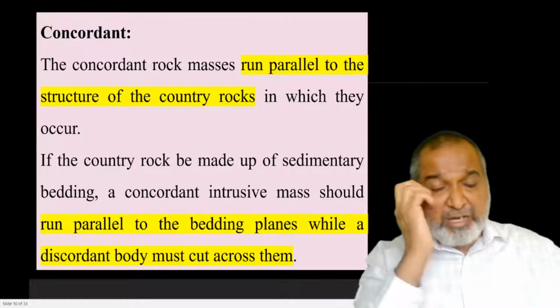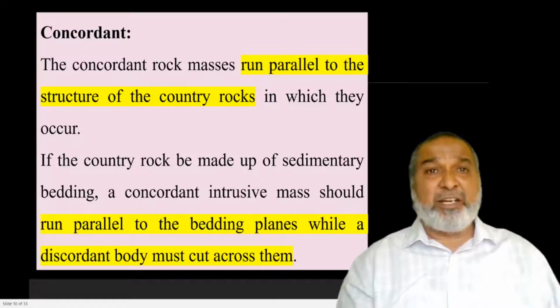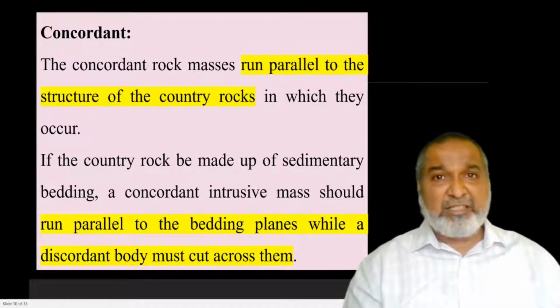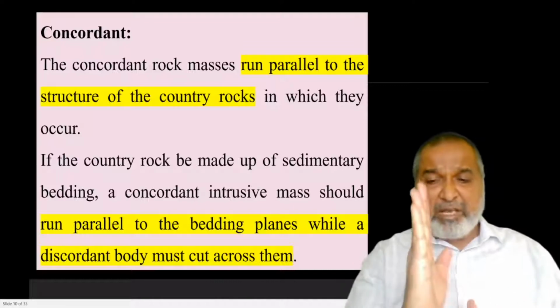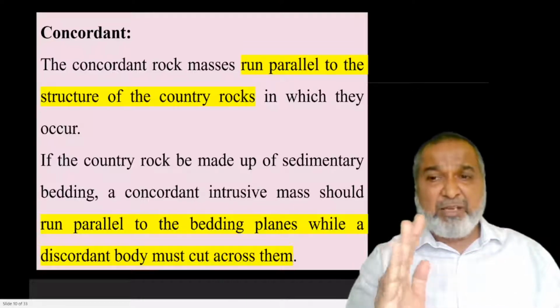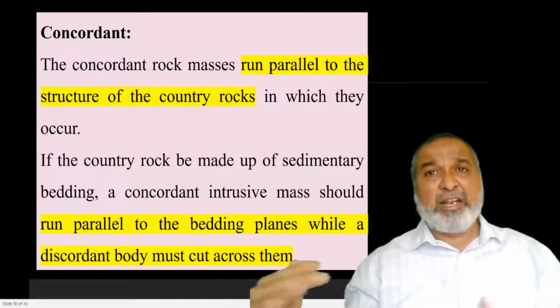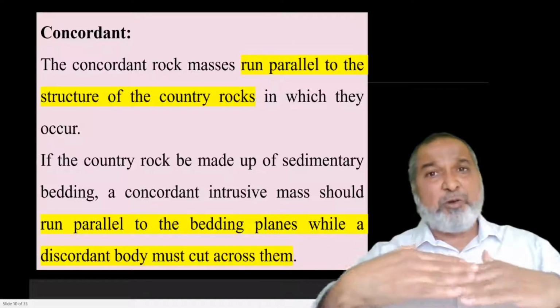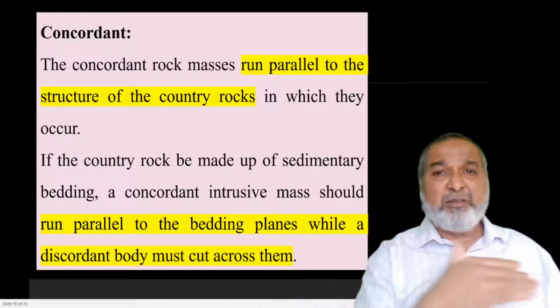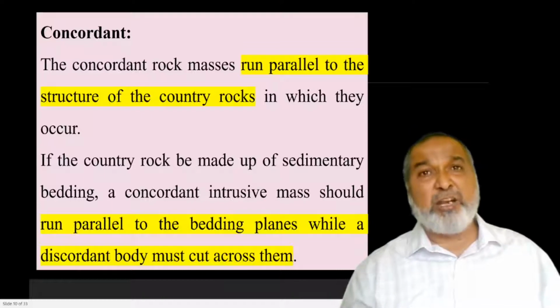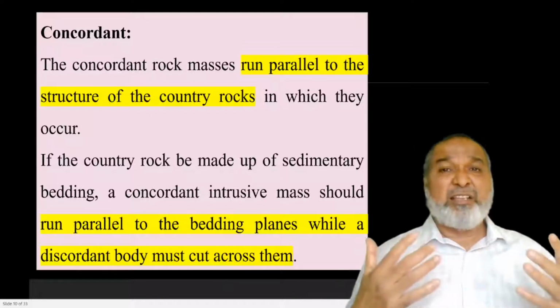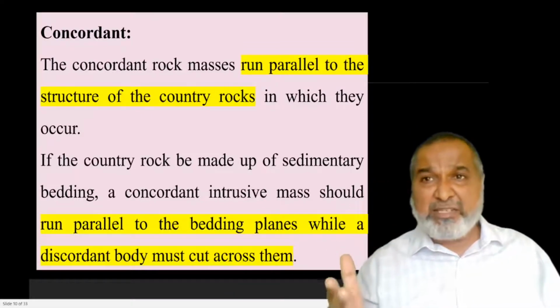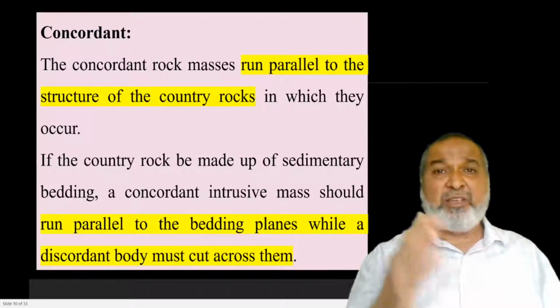Yes. So the next topic is the concordant. Whatever magma has come out, at the same time the magma also runs parallel to the sedimentary rock, parallel to the bedding, and the material has been deposited parallel to the bedding. Then it is called concordant: rock masses run parallel to the structure of the country rock.